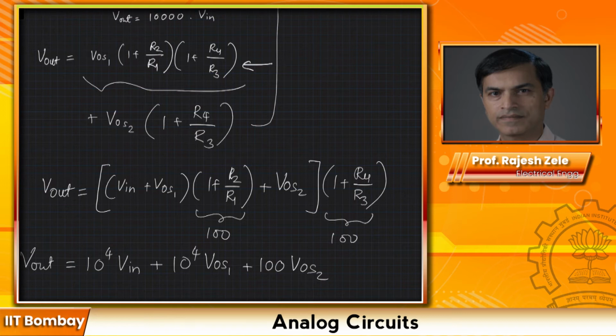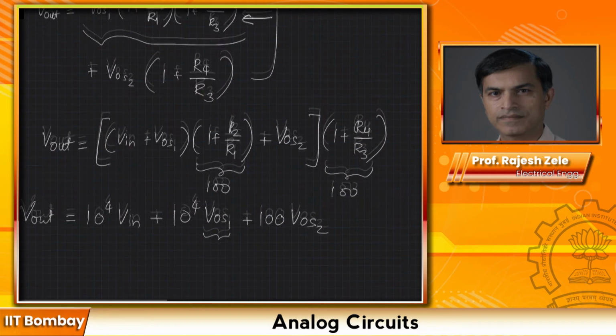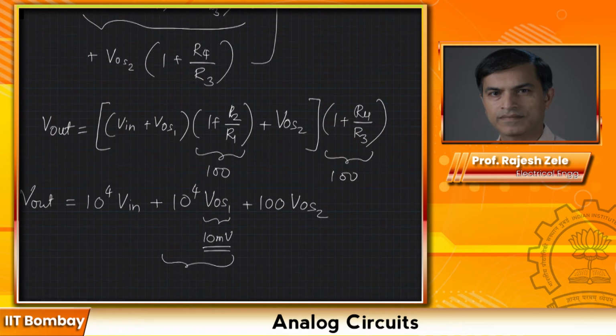Okay. So let's say the VOS1 is 10 millivolts, then this contribution would be equal to almost 100 volts. Okay, so the amplifier would rail out, as we like to call it.